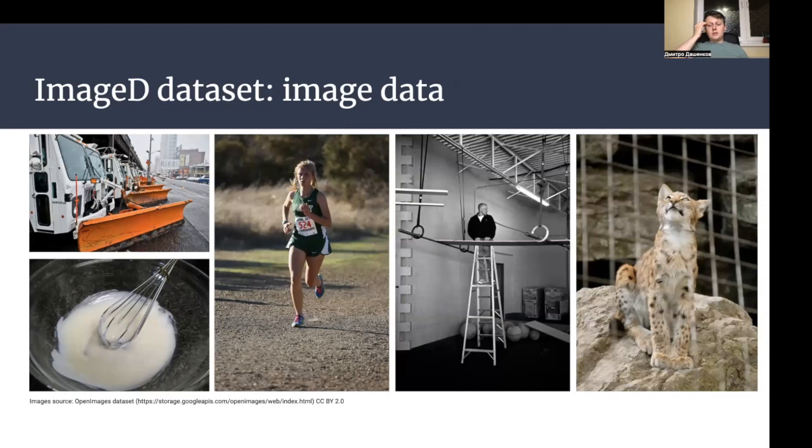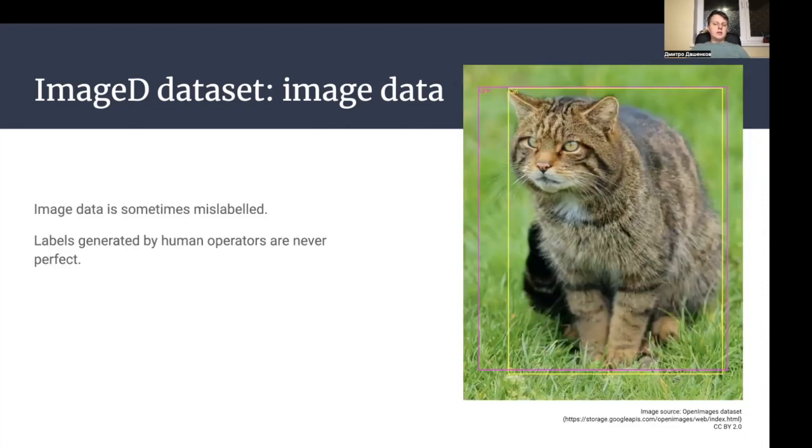For the basis of our corpus, we gathered the image data from the dataset called Open Images. Open Images is a public dataset. The dataset contains many different types of labels, which are human operator labels.